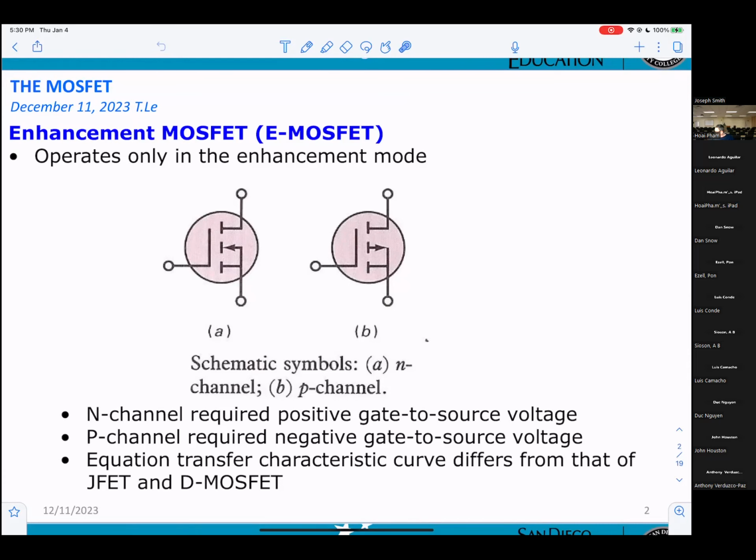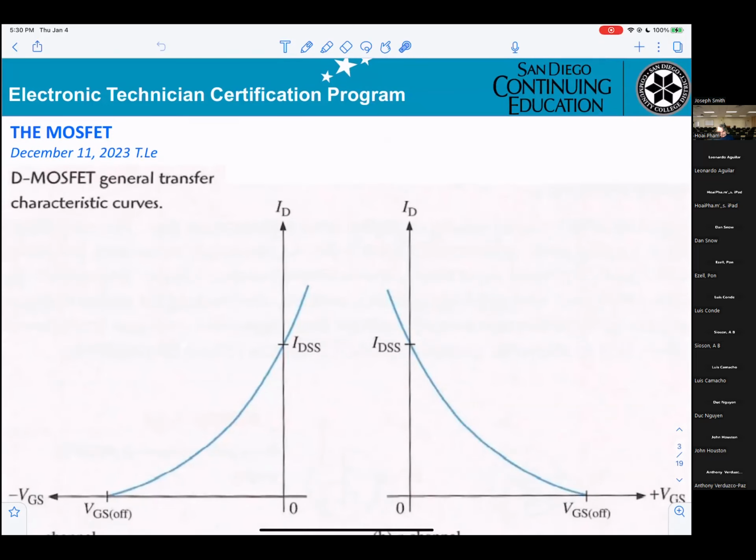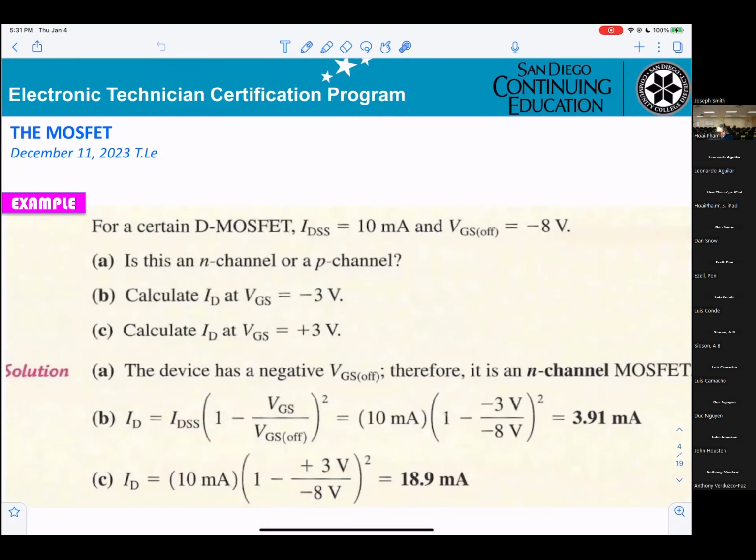You can see in here, this one you already saw, that will be for JFET and D MOSFET, for either P channel or N channel. For a certain D MOSFET, they give an IDSS of 10 milliamp and VGS off of minus 8 volt.